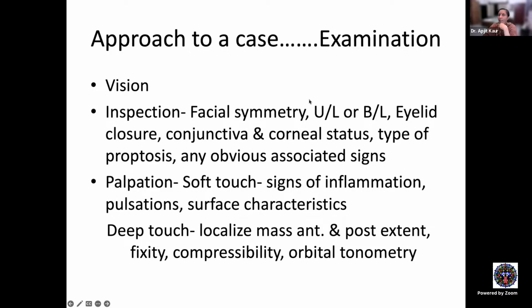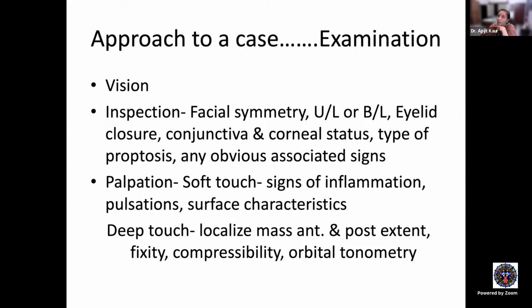Then you see whether the lesion is bilateral or unilateral, whether there is eyelid closure. Now you look at the condition of the conjunctiva and the cornea. Why is this important? Stasis of the venous system reflects as conjunctival congestion. What conditions would you see it in?